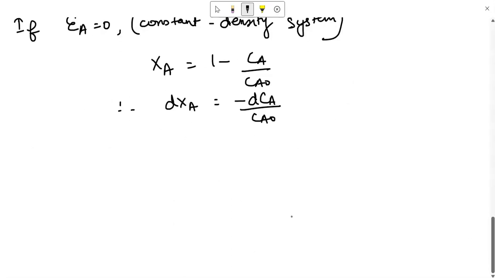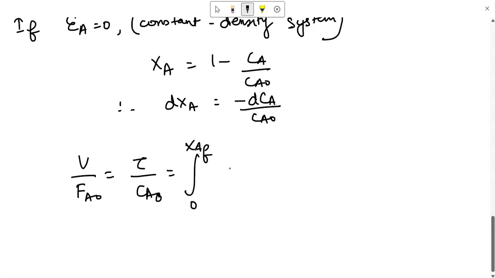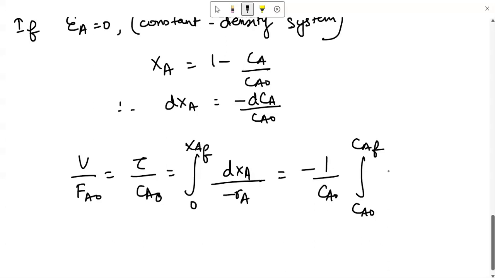Appropriately you plug in this formulation, then you will get the performance equation as V by FA0 equals tau by CA0 equals integration 0 to XAf dXA by minus rA equals minus 1 by CA0 integration CA0 to CAf dCA by minus rA.